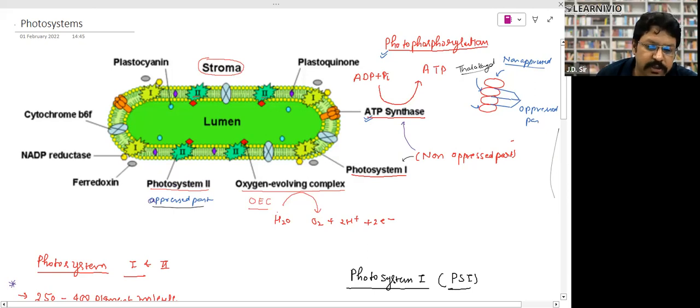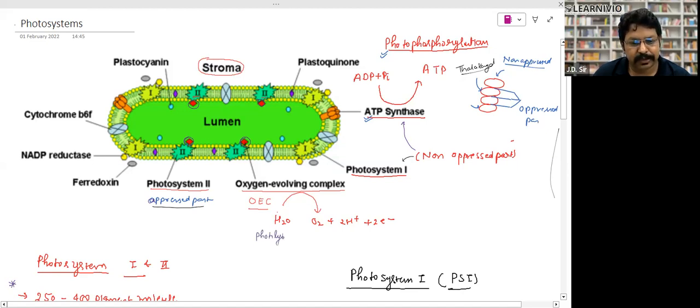Along with photosystem second, there is this red color structure, which is always found with photosystem second. This red color structure is called the oxygen evolving complex, OEC. This is responsible for photolysis, or breakdown, of the water molecule. It is responsible for photolysis.